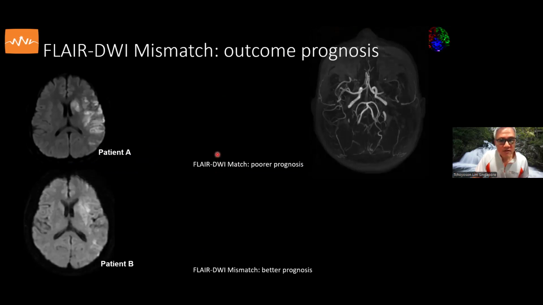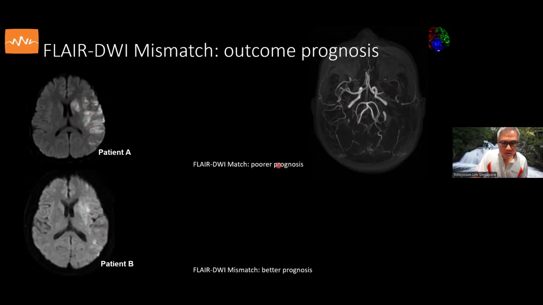When there is an unclear time of onset, such as wake-up stroke, in a patient who has an occlusion, these two patients, patient A and patient B, both have abnormal high signal intensity in the diffusion-weighted MR image of the middle cerebral artery territory.